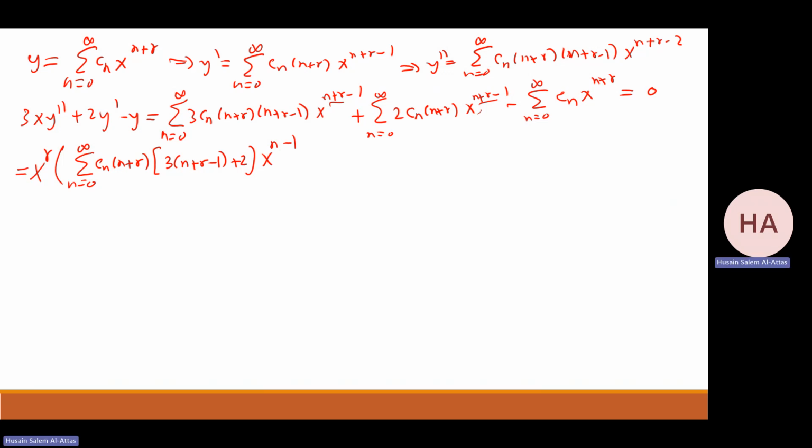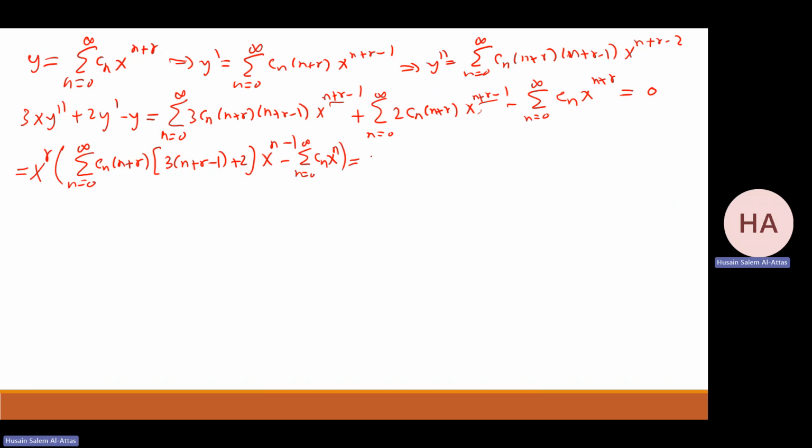Yes, I took n plus r as a common factor, minus the rest, which is summation n equals 0 to infinity cn x to the power n, no need for r. Minus summation n equals 0 to infinity cn x to the power n.